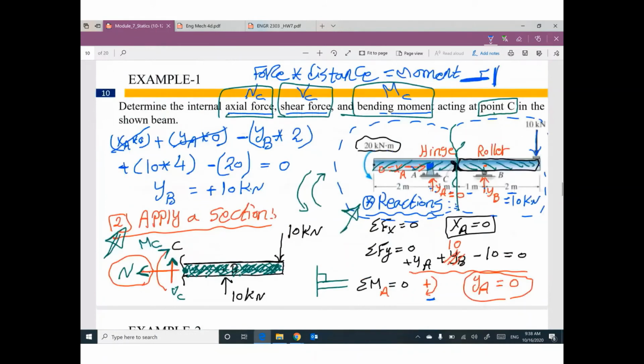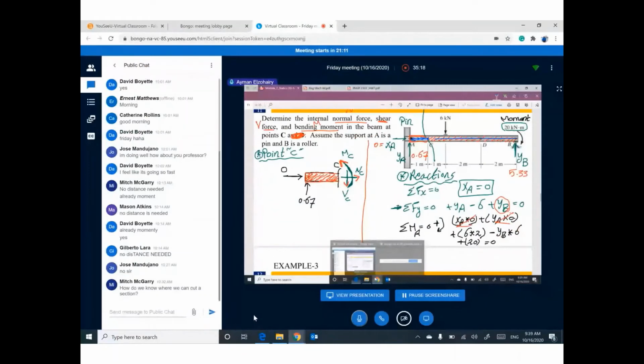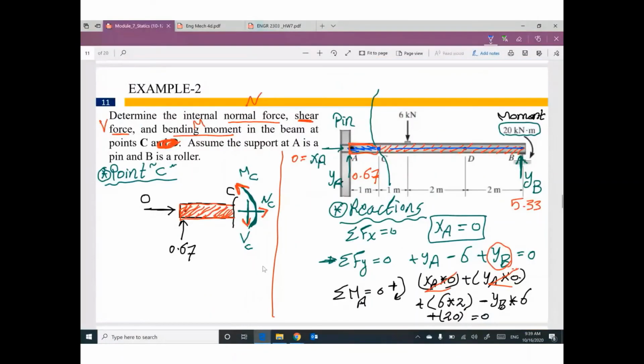Guys, do you have any questions so far? It's a good question, Mitchell. You don't need to figure this out because the problem will tell you. We are looking for internal forces, normal, shear, and the moment at point C. So I need to follow what is required at point C. That's it.